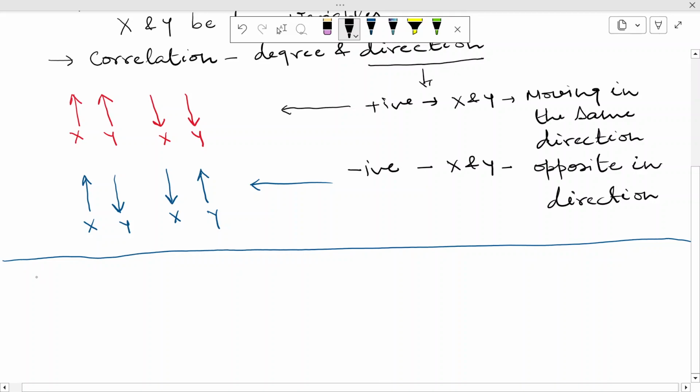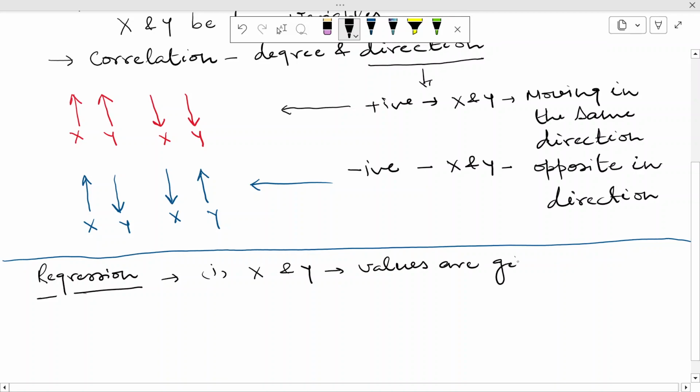Now what is the use of regression? Regression comes into play when you are given certain values of x and y, but some values are missing.